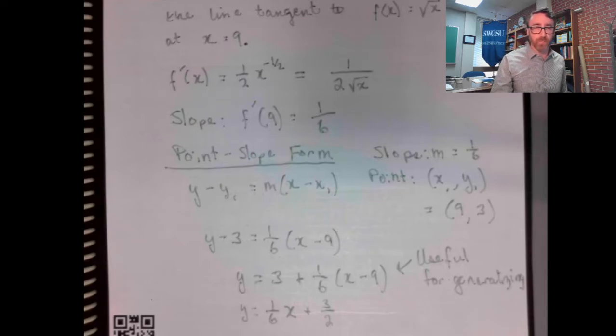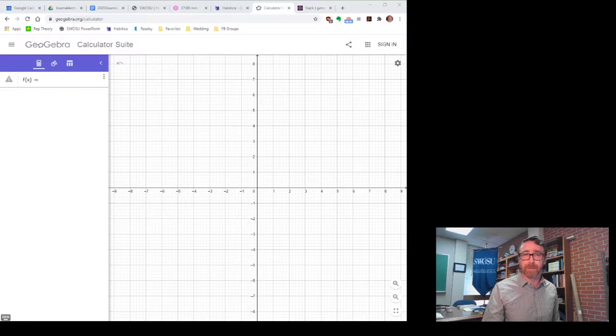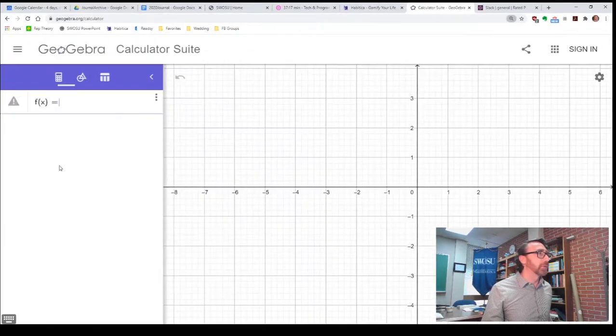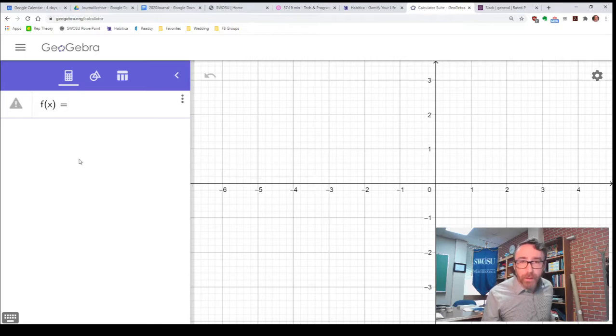Let me switch over to GeoGebra here. How about we make this window nice and big? It's kind of small there. Let's zoom in so we can see everything. Whoa, kind of overshot it there, but that's okay. Okay, so nice and big. So I want to start by graphing the square root function.